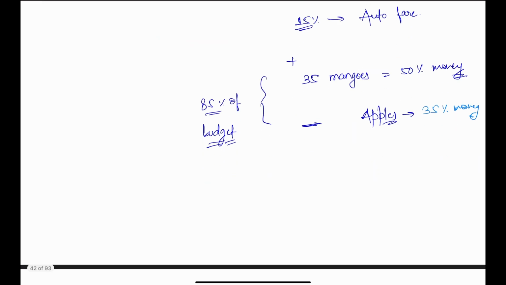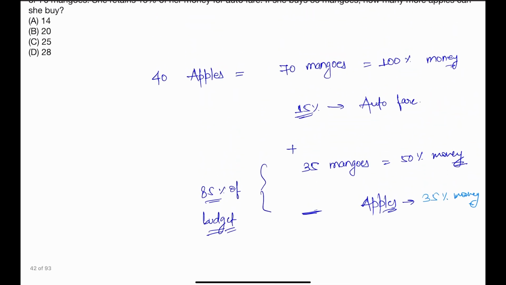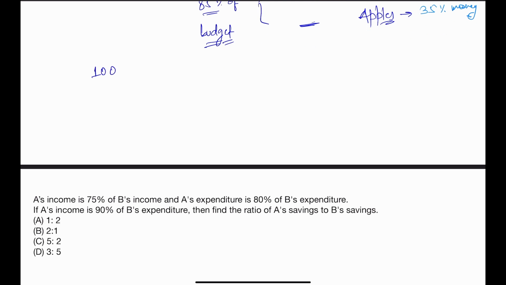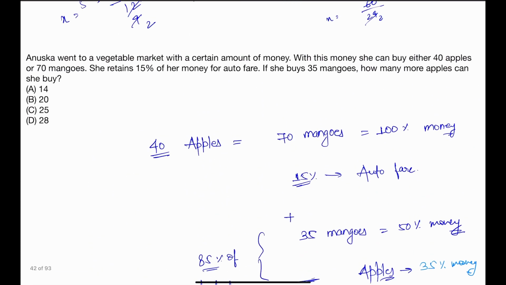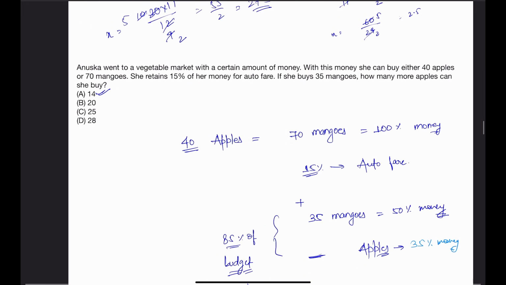And I know that 100% of money can give me 40 apples, and I need 35% of money. How many apples can I buy? 40 by 100 into 35. So 35 into 2, 70 into 2, 140. So 14 apples she can purchase. 14 is in the options as well. So yeah, this is the answer of this question.